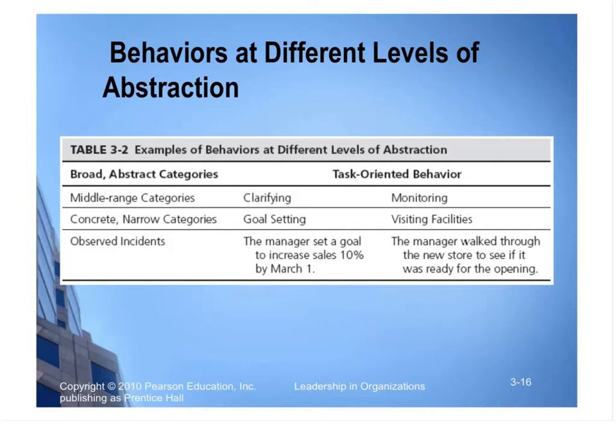When it's concrete and narrow categories like goal setting, one of the task-oriented behaviors is visiting facilities. When it comes to observed incidents, the manager set a goal to increase sales 10%. So a task-oriented behavior would be the manager walked through the new store to see if it was ready for the opening.